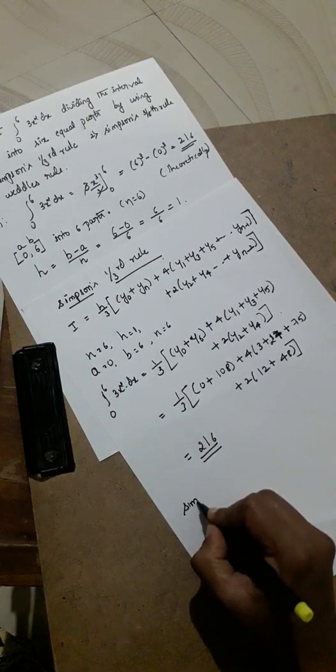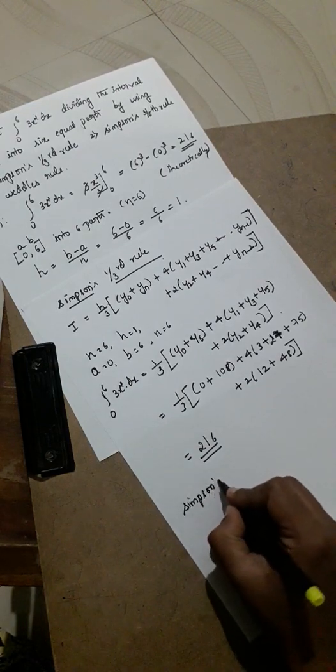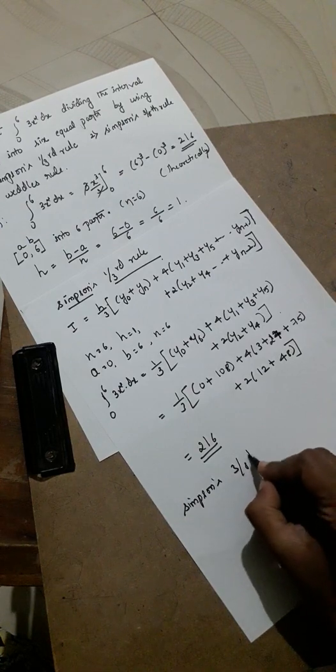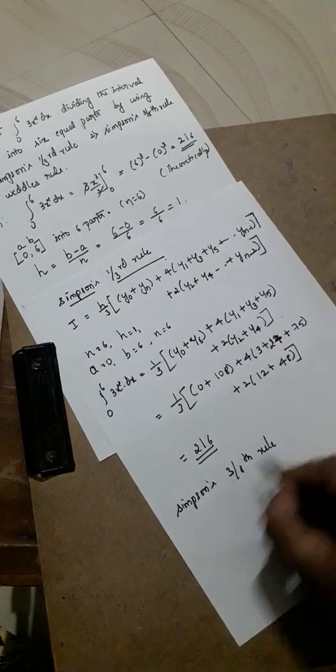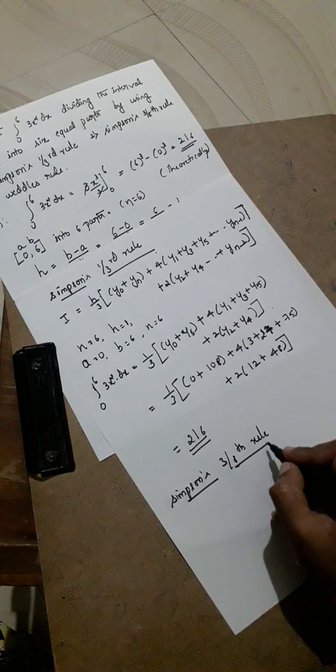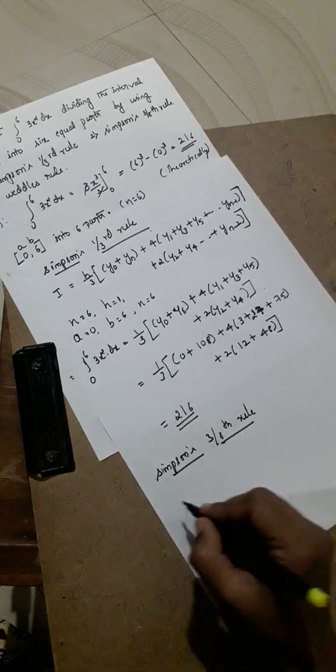Next, we come to Simpson's 3/8 rule. We have to write the general formula for this one.